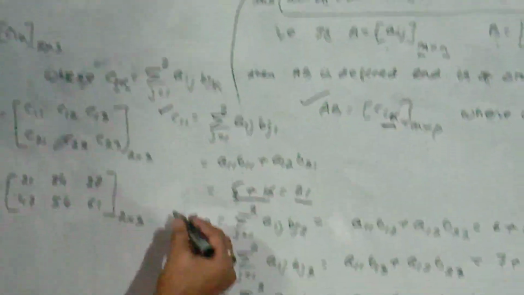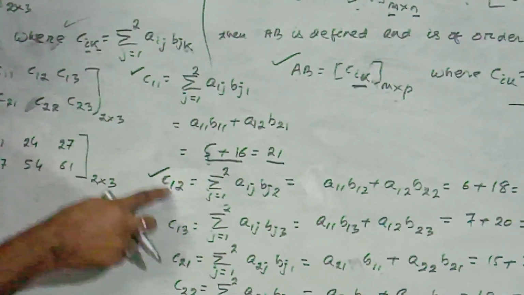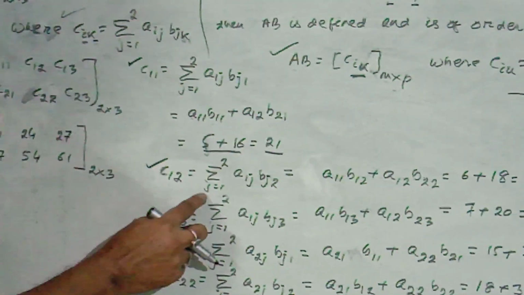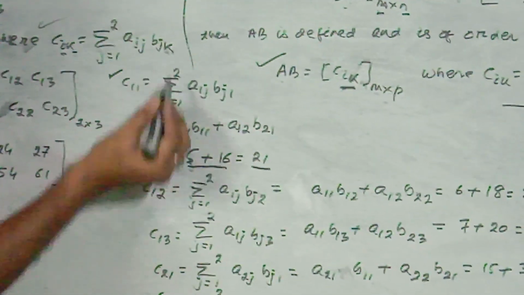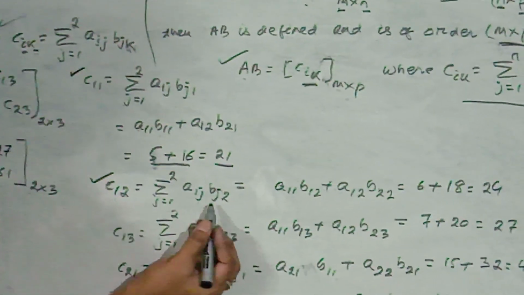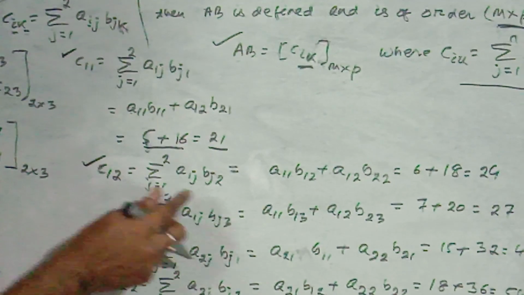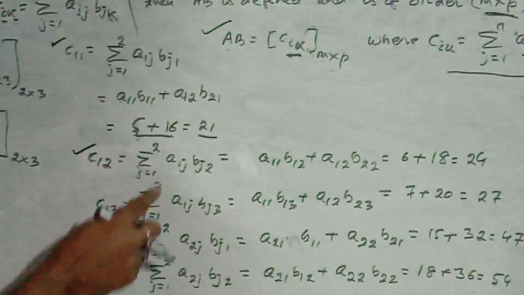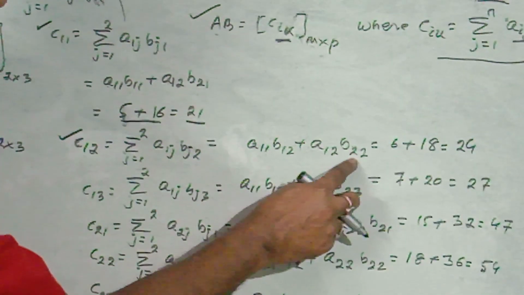Next I will explain the value of C12. For C12 we take i as 1 and k as 2. So the C12 value is equal to the summation, j varies from 1 to 2, and in place of i you take 1 and in place of k you take 2. So it is the summation, j varies from 1 to 2, of A1j Bj2. Then again you put first j equal to 1, so it is A11 into B12, plus, in place of j you take 2, so it is A12 into B22.